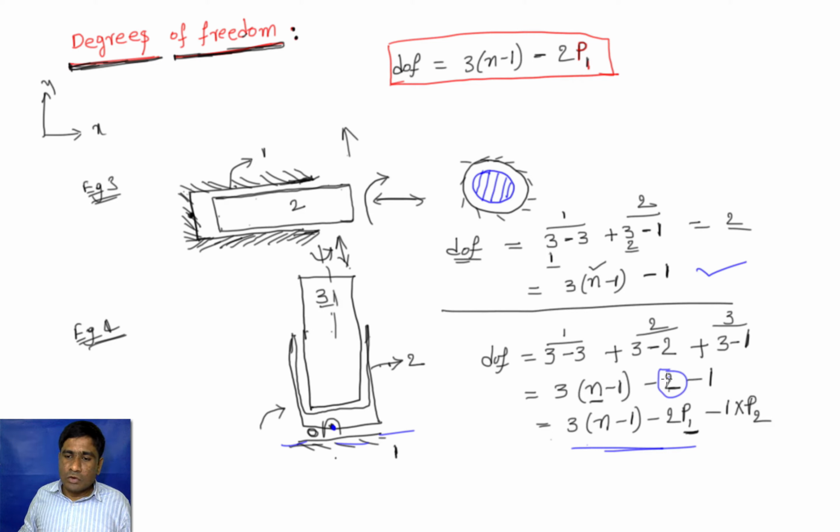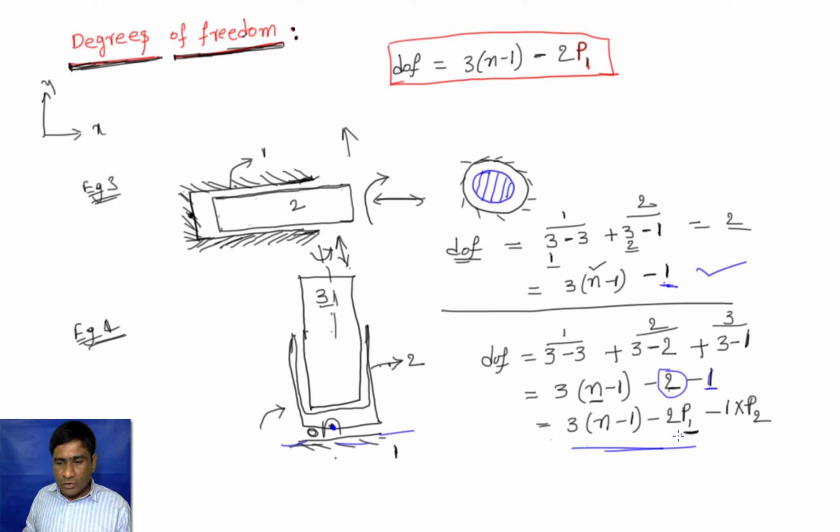So that's why we got 2, and whenever we use a pair that is having degrees of freedom 2, we are getting only one constraint. So here in this case, this hinge joint is missing, and we have a pair of links that is having degrees of freedom 2. So that's why only one constraint.